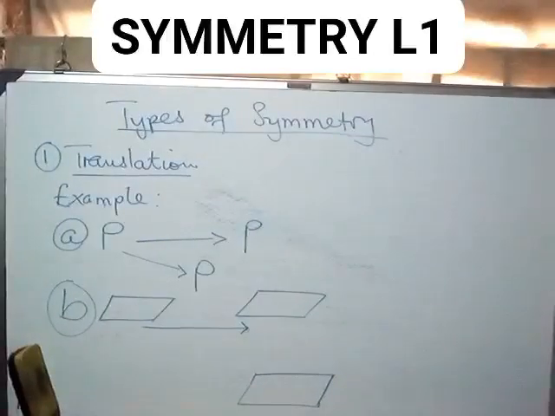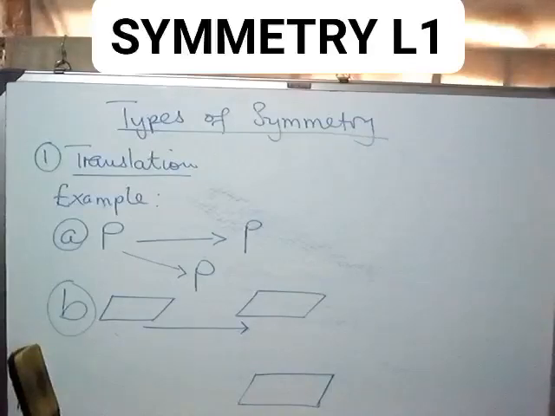To translate a shape, you have to move it in a straight line without rotating or reflecting it, or changing it in any other way.